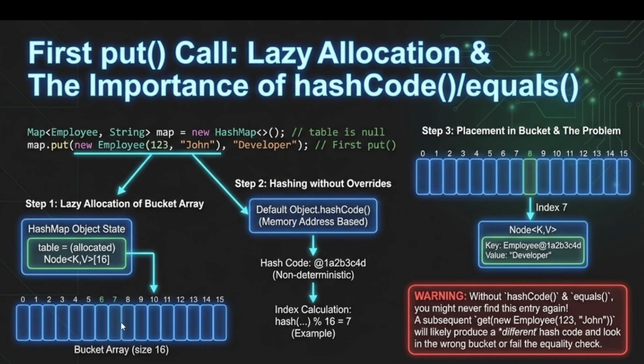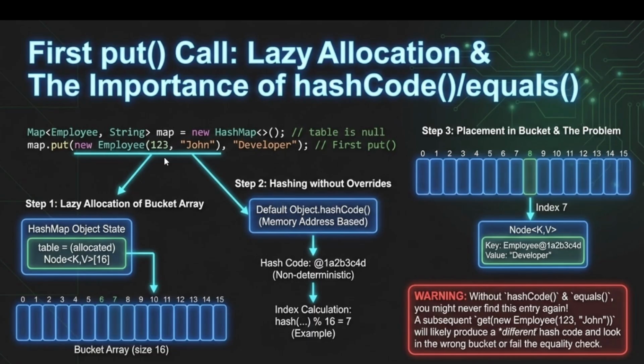So the bucket is created here with a size of 16. Why is it created with a size of 16? We have not passed any capacity here, so the default capacity will be 16. The node array will be created with the capacity of 16. Whenever the map is created, the lazy allocation of the bucket array will happen.